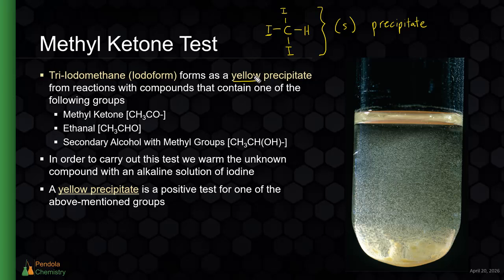Tri-Iodomethane, or what we'll call iodoform from now on to make it simpler, is a compound that is going to be the result of a reaction with a methyl-containing carbonyl compound. Methyl-containing meaning that there are three separate very specific compounds that can give us a positive test result here.